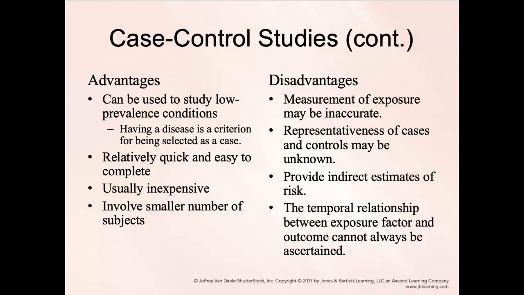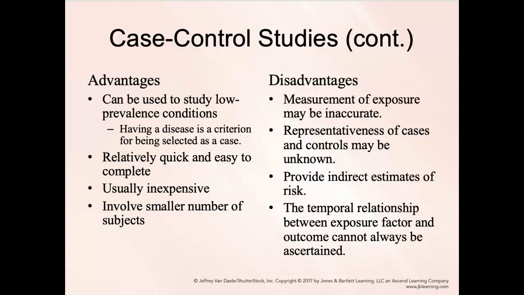Or it may take a really long time to get even one case to appear in your cohort. So things like cohort studies are probably not going to be feasible for really low prevalence, rare conditions. When you have something that is rare, you're definitely going to want to use a case control study design. It's going to be the most feasible option.